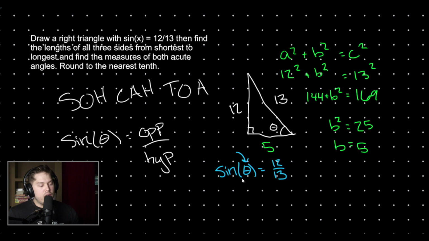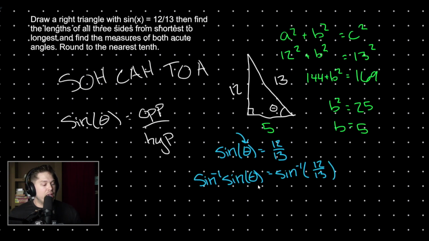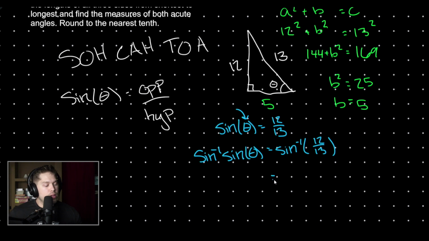We can apply the inverse sine function, and it will peel away the sine function to just leave us with theta. If we apply the inverse sine function to both the left and right hand sides, then the inverse sine of 12 over 13 is equal to theta.